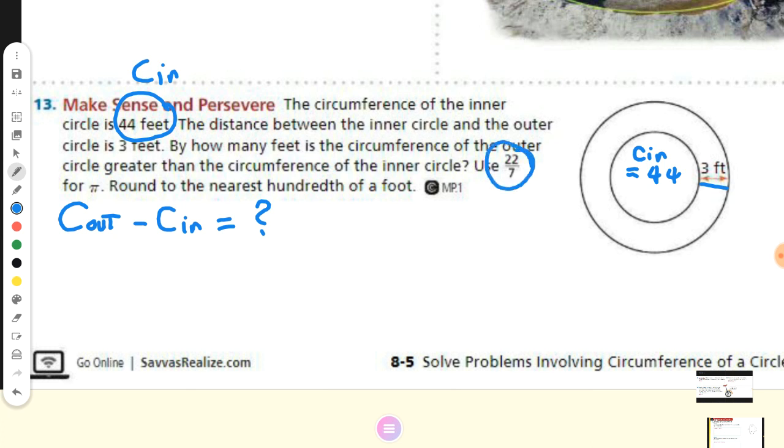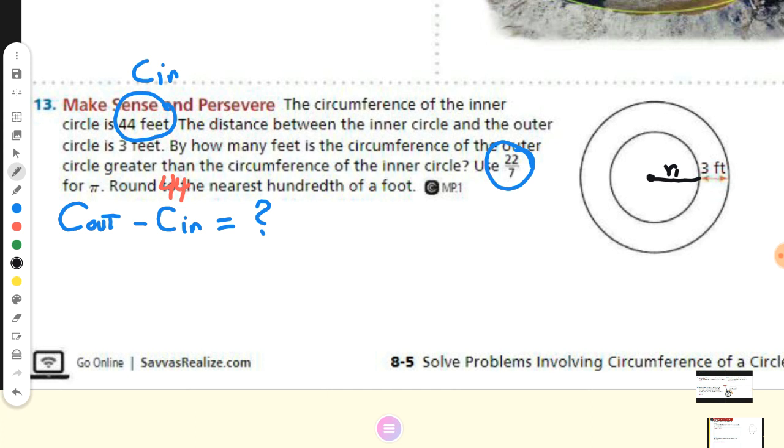So I need to get the circumference of the inner circle and the outer circle. The inner circle is already given, which is 44. So the rest is the outer circle. To get the outer circle circumference, we need the diameter or radius. So how to find it? Actually, as you see here, if I make the center of the first circle here, this is the radius of the inner circle, R1.